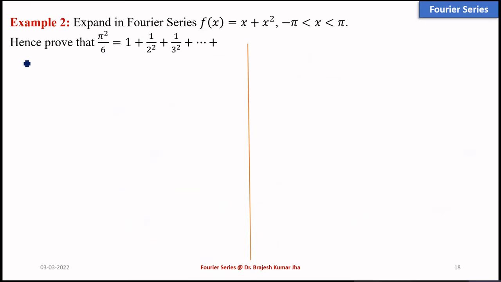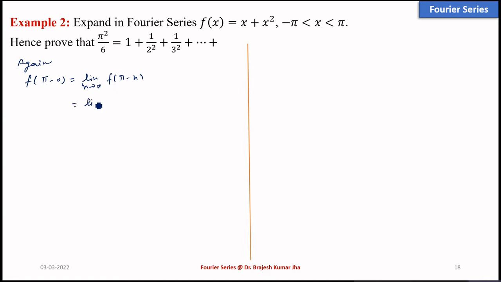So what we do here, if we write f of pi minus 0, it will be the limit h tends to 0, f of pi minus h. No issue, that we can write. So f(x) is x plus x square.